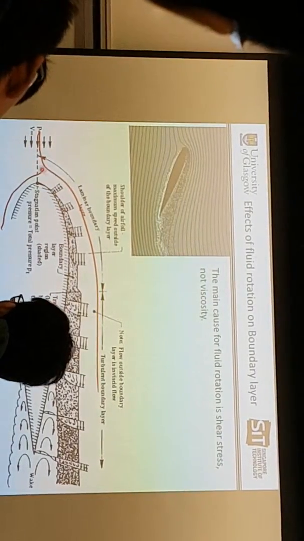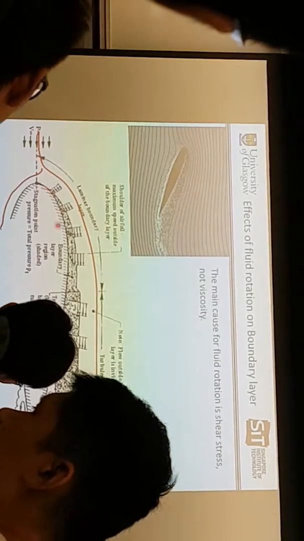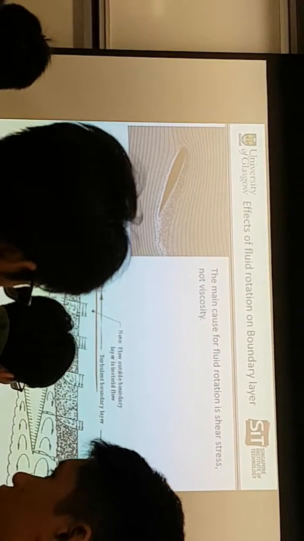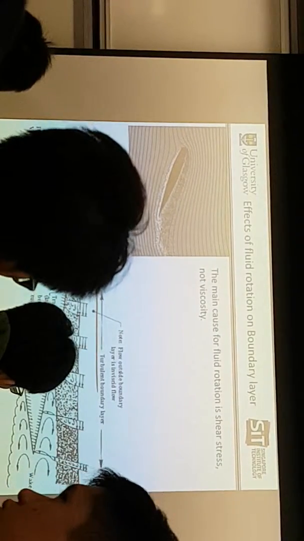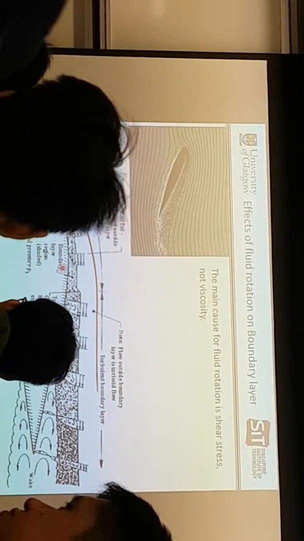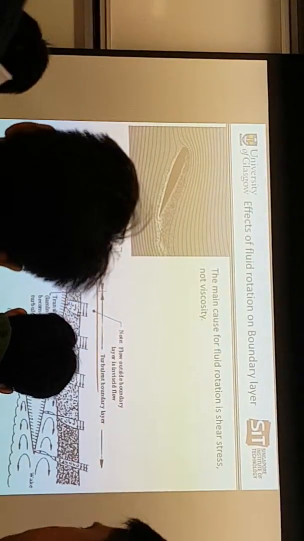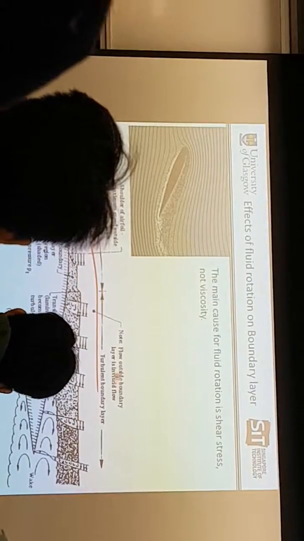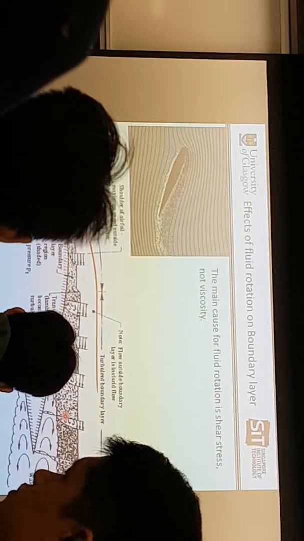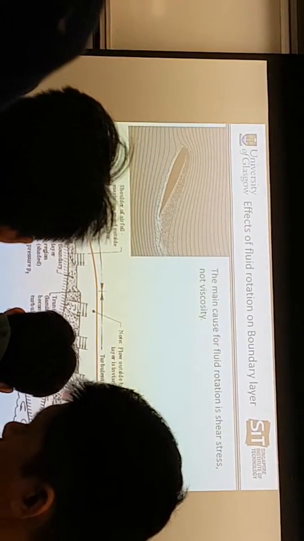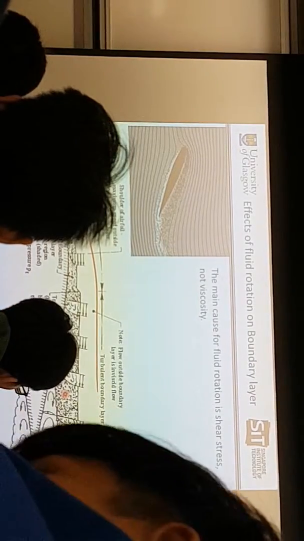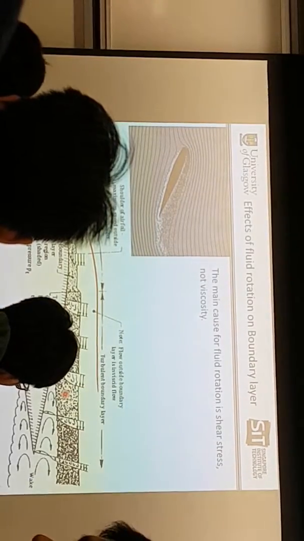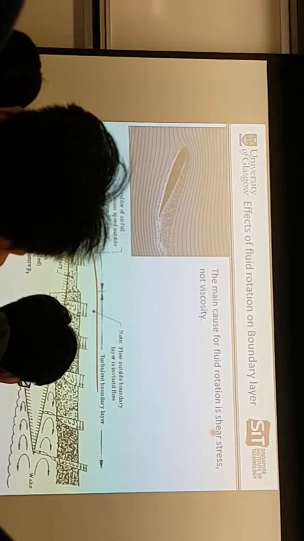So you will see that the flow goes from a laminar flow, and then as it accelerates, it comes to a point here where there's this thing called transition. What does transition mean? It means the flow starts to separate away from the surface of the wing. The moment the flow starts to separate away from the wing, you have this thing called a turbulent boundary layer. When there's a turbulent boundary layer, your flow starts to rotate, because of this thing called shear stress.